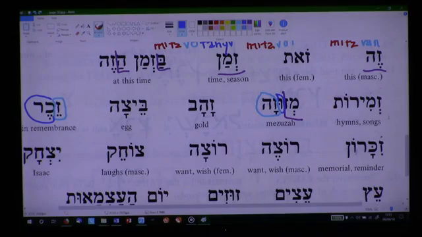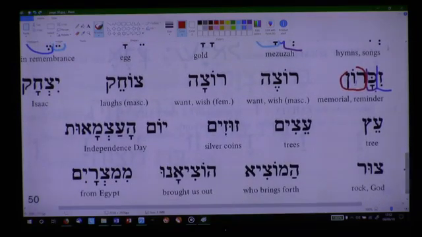We've got zikaron, and that is memorial, reminder. We do Kaddish as a memorial or a reminder.